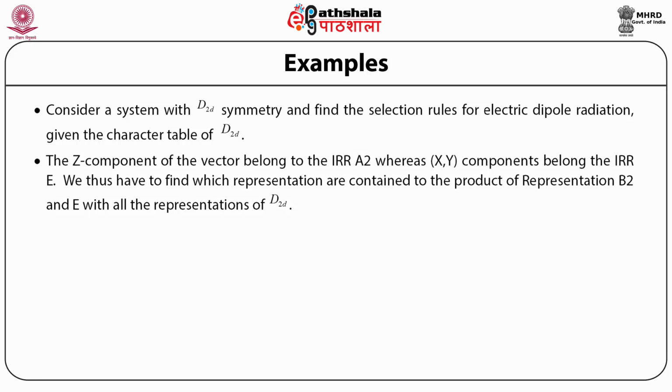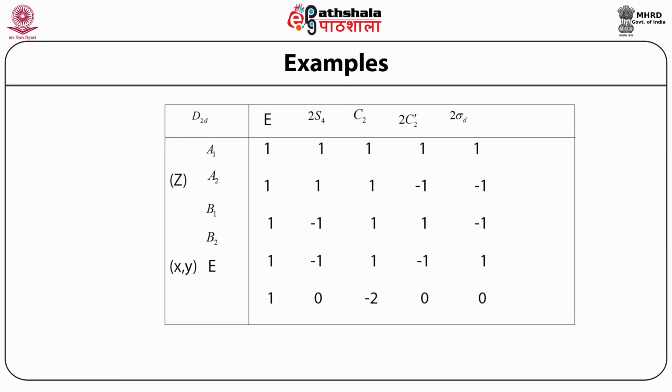The Z component of the vector belongs to the irreducible representation B2, whereas the X and Y components belong to the irreducible representation E. So what we have to do then is to find which representations are contained in the product of the representations B2 and E with all the representations of D2d. So we can construct a table with the product of the representations and resolve them into the irreducible representations of the group D2d.